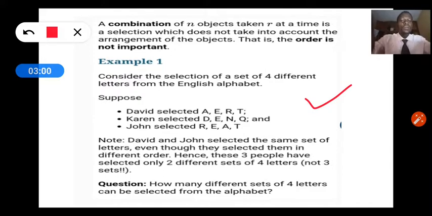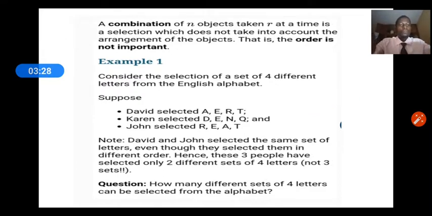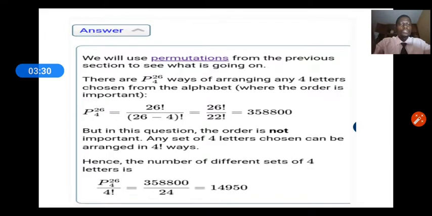The letters are the objects. Suppose David selected AERT, Karen selected DENQ, and John selected REAT. Now, the question is this: how many different sets of 4 letters can be selected from the alphabet? Let's check out the solution in the next slide.